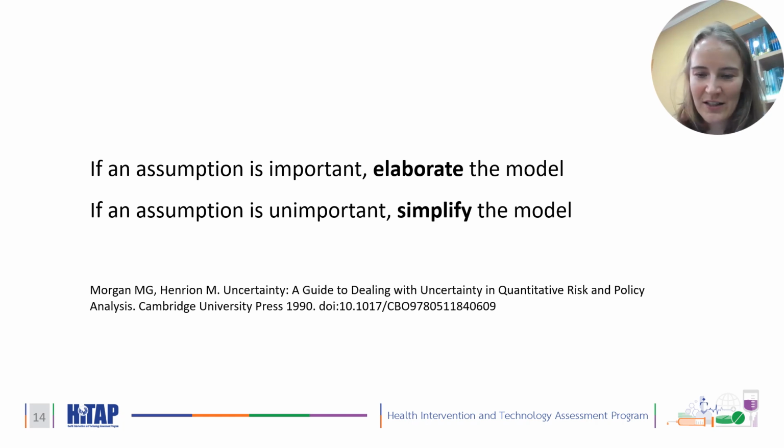If you run an uncertainty analysis and a certain parameter, a certain element doesn't seem to be having a huge impact on the model, okay, move on, don't worry about it too much. But if you find that there is one which is having a very important impact on your result, then you probably want to look into it a bit further and run additional analysis. So those are the principles that I'm going to try and demonstrate in terms of the study that we did.